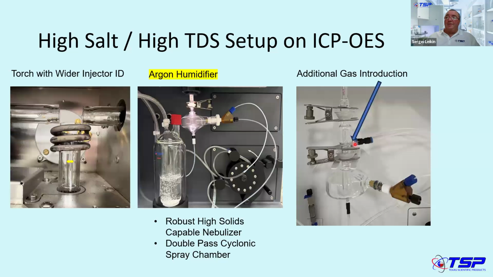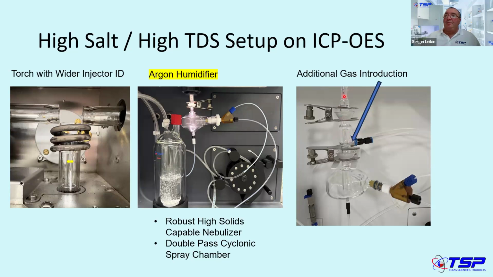So what happens is, you get your aerosol, and the aerosol travels here, and then the additional gas is introduced. It's argon, and it surrounds the aerosol and travels like in an envelope, and there is a barrier.